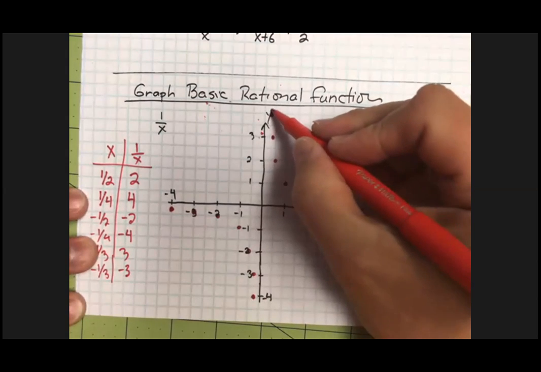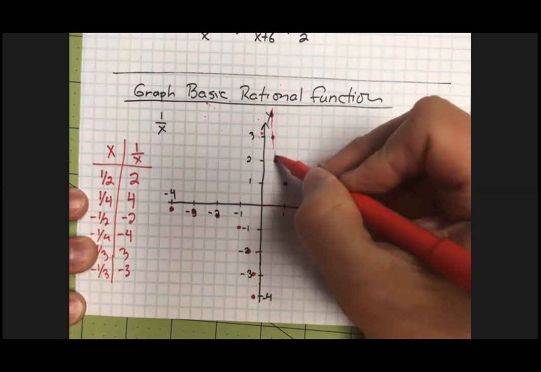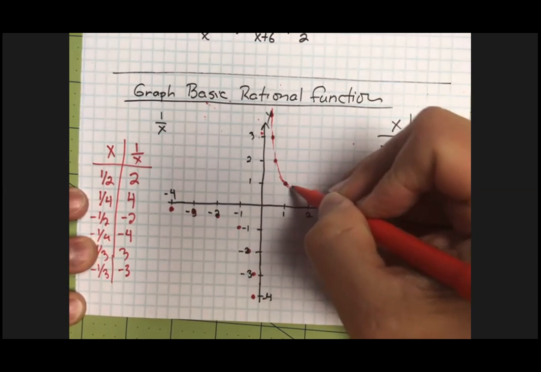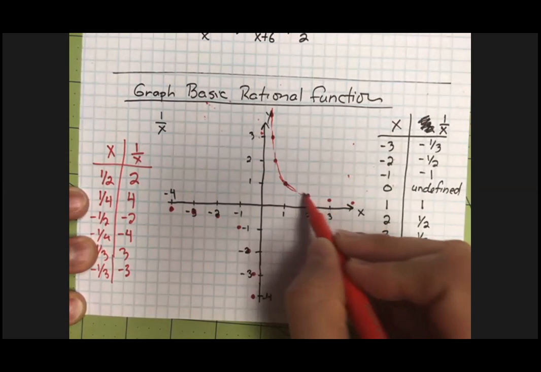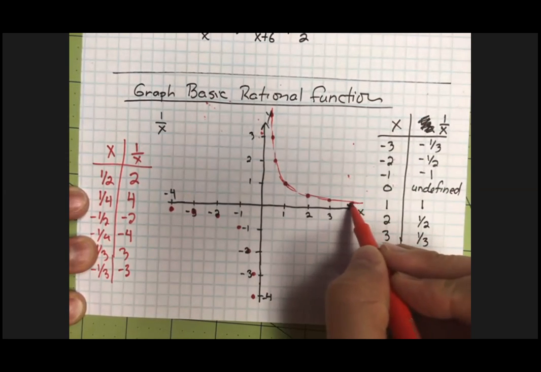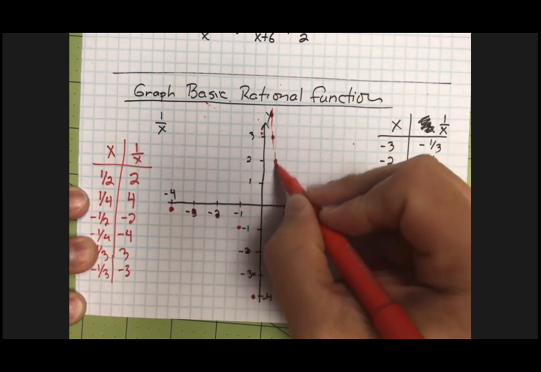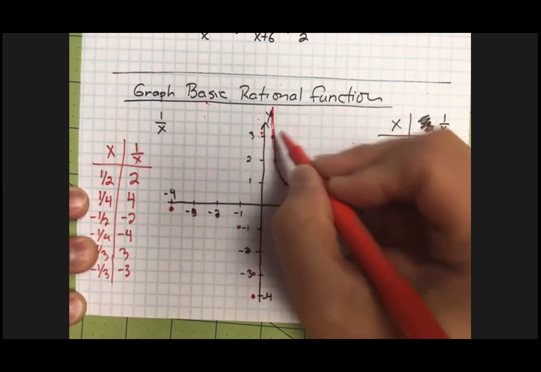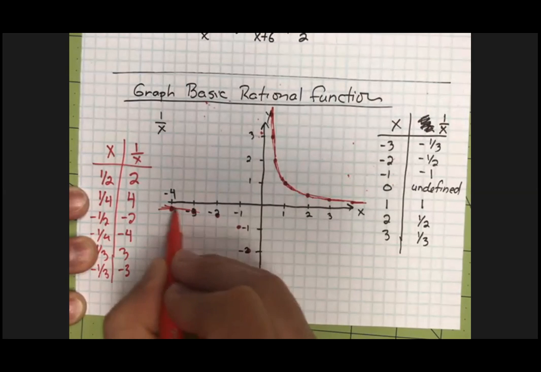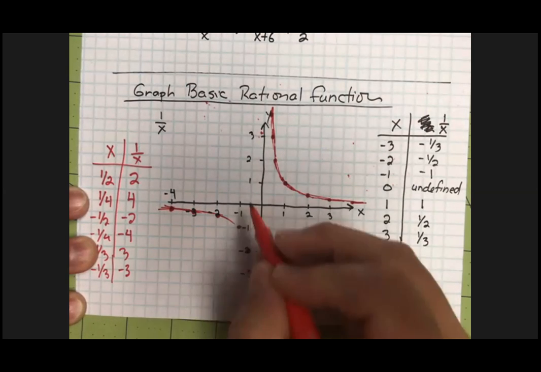And if I just gently connect these dots, you see the same pattern that I showed you on that handout. This image was on that handout. This is the graph of 1/x.